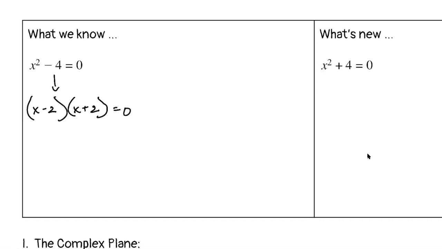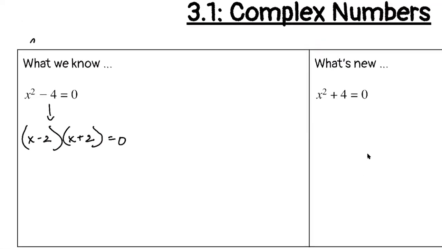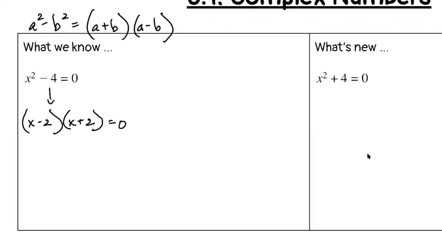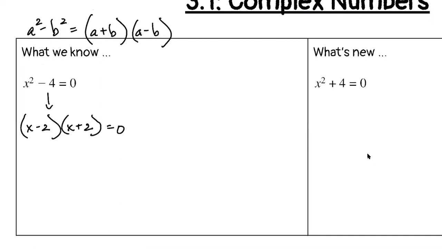Okay, so this is a really handy factoring shortcut to know. When we have a squared minus b squared, we can factor that into (a plus b)(a minus b). Now, when we use that with this one, we get (x plus 2)(x minus 2). And then how do we solve for x in this case? Yeah, good job.